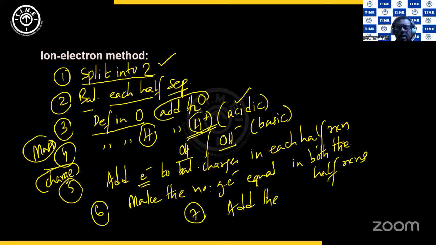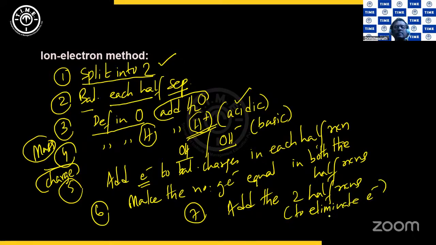Add the two half reactions to eliminate electrons. There should not be any electron in the final equation. Clear? So what we have done, we have split the reaction into two halves. You have balanced each half reaction separately. And to the side deficient in oxygen, in each half reaction, add H2O. To the side deficient in H, add H+.